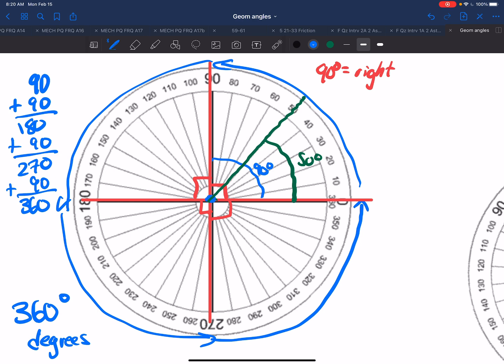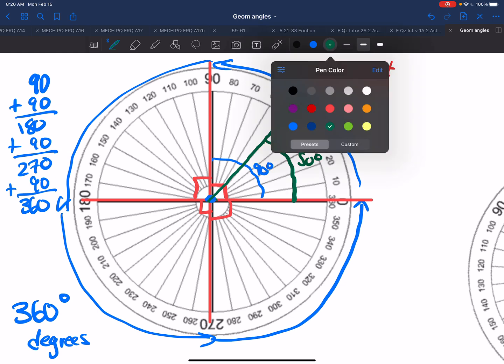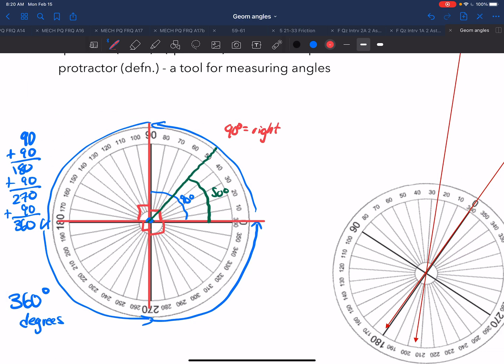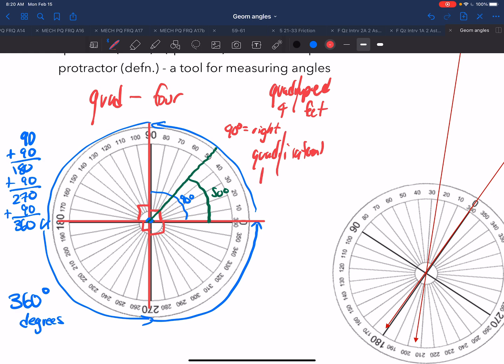Now, there's a special name for some of these that you're going to learn and use throughout math as you get older and older, all the way up into college. If we take this circle, we've divided it into 4. The prefix quad means 4. So a quadruped is an animal with 4 feet. A quadrilateral is a 4-sided figure.